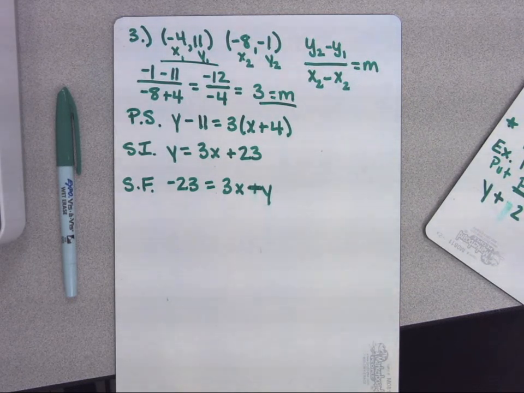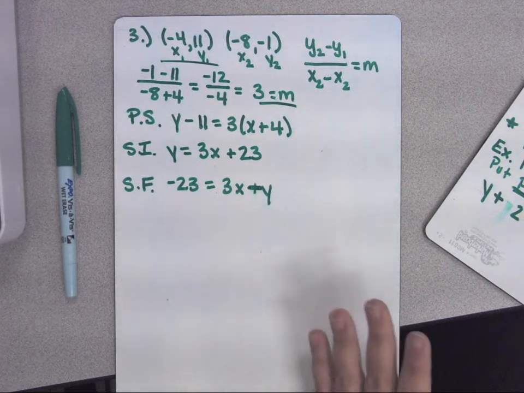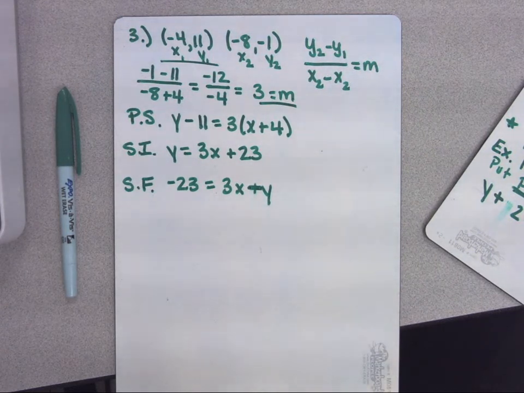So if you mess up point slope form, you literally will mess up all three answers. That's why you want to do point slope form slowly, write it and then double check that you didn't miss a negative. Because if you mess up that one, you literally mess up the entire problem. Just like if you mess up slope, you mess up the entire problem.